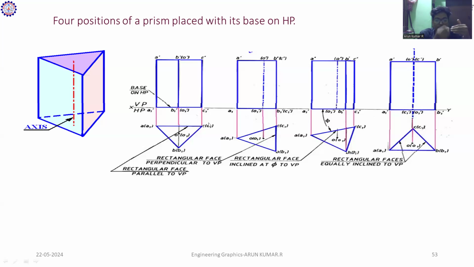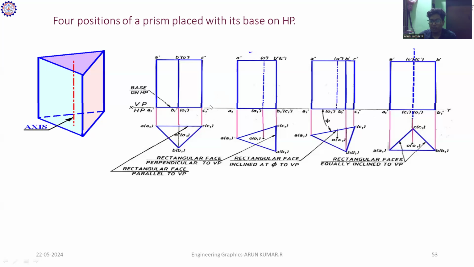Then you draw the top view of the given solid. Once you complete all the corners, you project towards the XY line: A1, C1 and B1 towards the XY line. Then you draw the horizontal line from A1 dash to C1 dash.